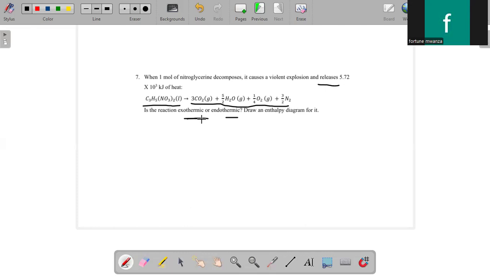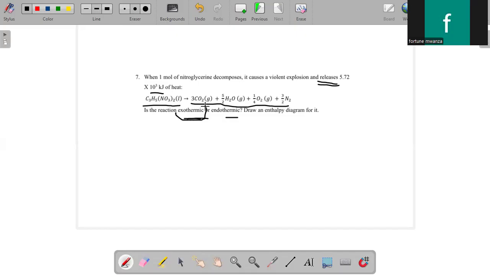If heat is being gained from the environment, that reaction is an endothermic reaction. We can see here that in this reaction, heat was being released to the environment, and that's the amount of heat which was released. So we can conclude that our reaction is an exothermic reaction.